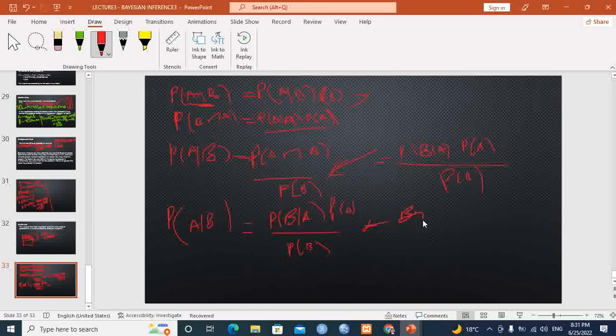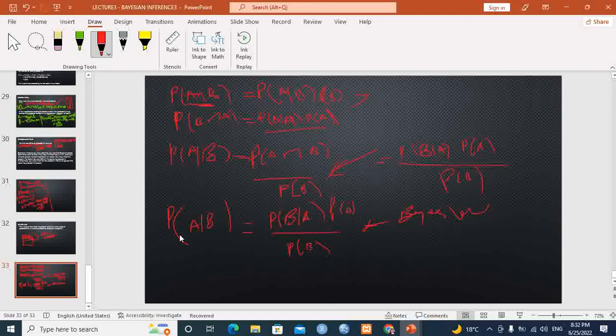Bayes' law. So probability of A given B is probability of B given A times probability of A divided by the probability of B.